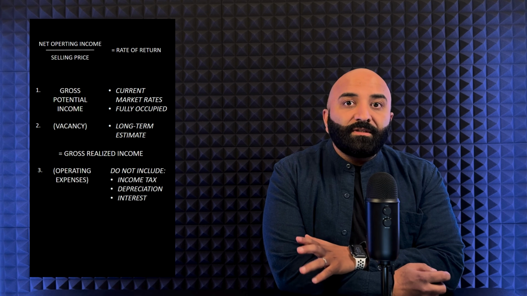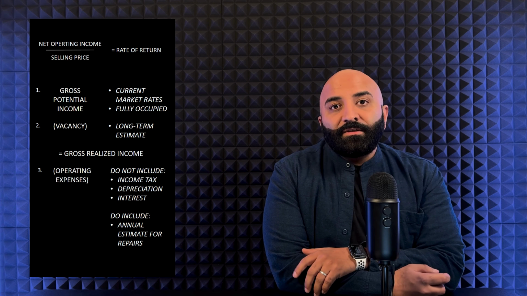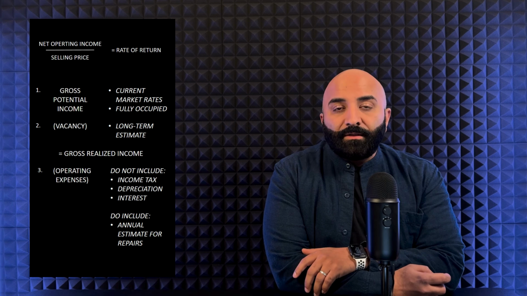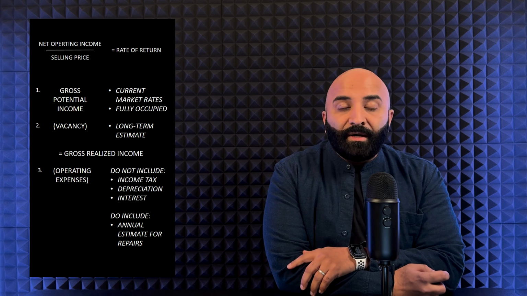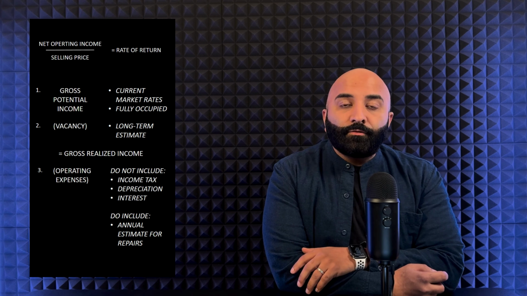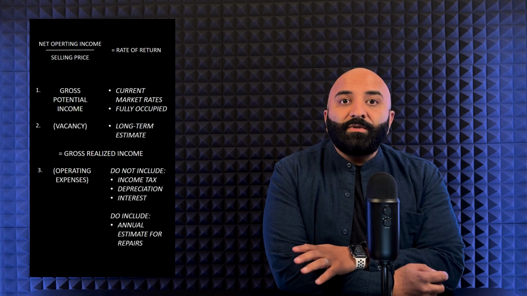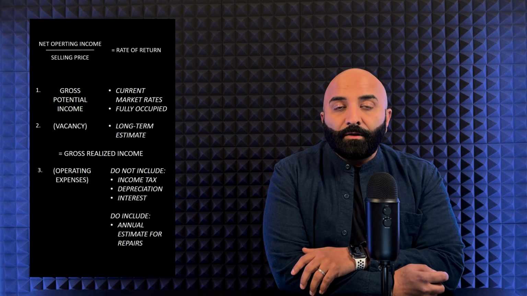What is included is an annual estimate for maintenance. So you have to consider, if you own a building, early on in the life of this building, you're probably not going to spend a lot of money relatively on maintenance. But after 5 years, you might have to replace the carpets. And maybe after 10 years or 15 years, you might have to replace a water tank or boiler.